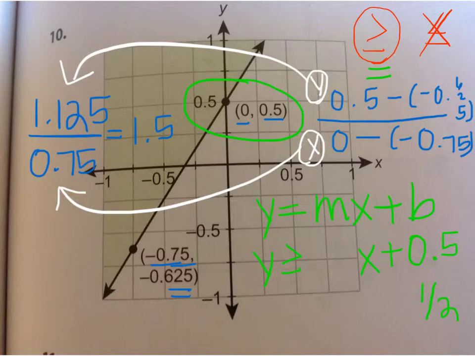And so when we figure that out, we have 1.5, and that is the same as 3/2 in a fraction form. So our slope goes right in front of the x. Y equals 1.5x plus 0.5. And it actually is greater than or equal to because of our line.